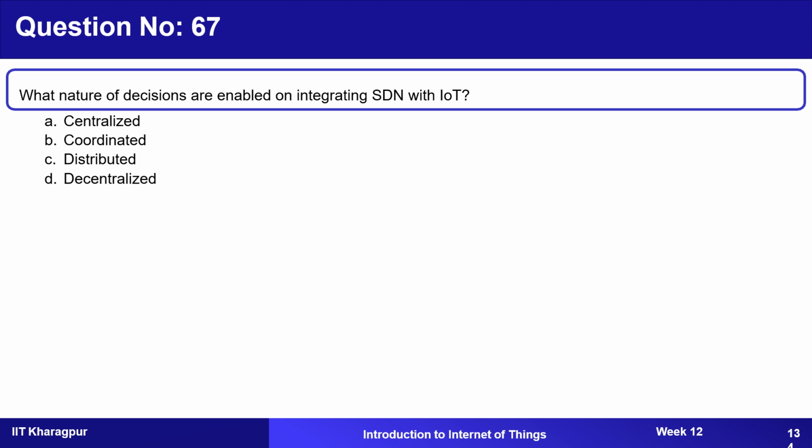Okay, SDN with IoT, software defined network with IoT. I think it is distributed. So it is coordinated. Yeah, because there are different controllers present in the network, and these controllers can take coordinated decisions.